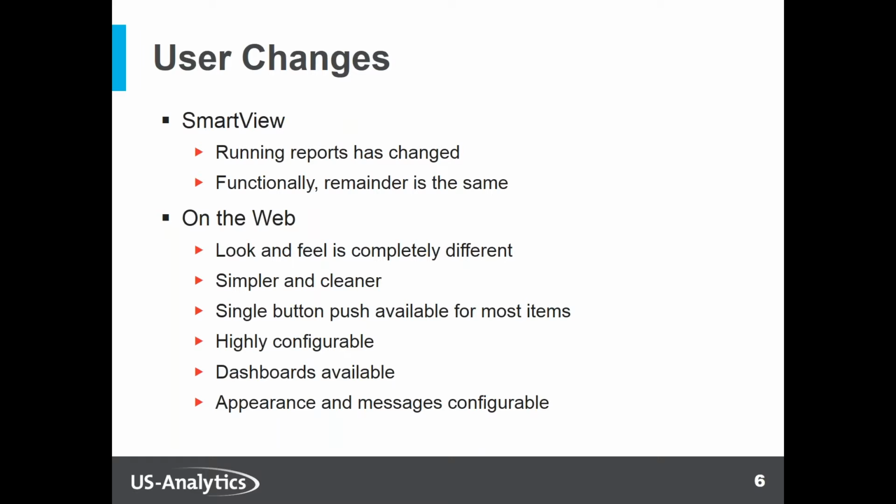And after you go to the reports panel, you can say, I want to run it as a PDF, I want to run it as an HTML, or I want to export it to Excel and run it in SmartView. So you'll have that option still, you just can't do the initiation of the report from SmartView any longer.